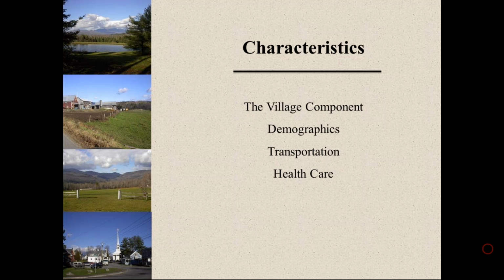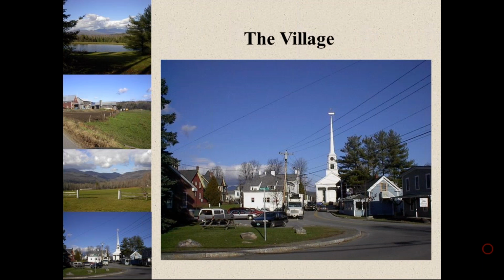We're going to talk a little bit about different characteristics. So a small village historically has developed over time. It's not a planned development, a Seaside. It's a historic settlement that has continued to exist.